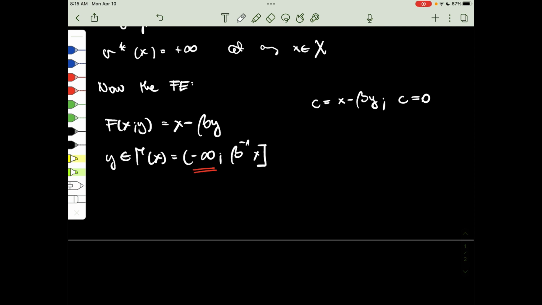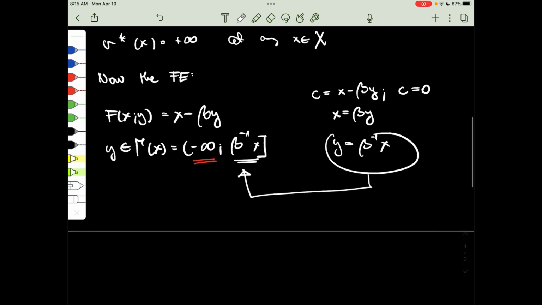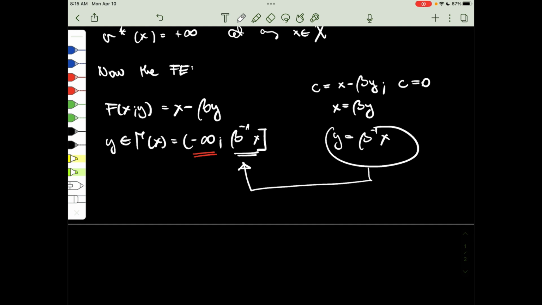And if consumption is 0, then this equation holds, from which we have this equation, and this is the equation that describes the upper bound for the feasibility set.